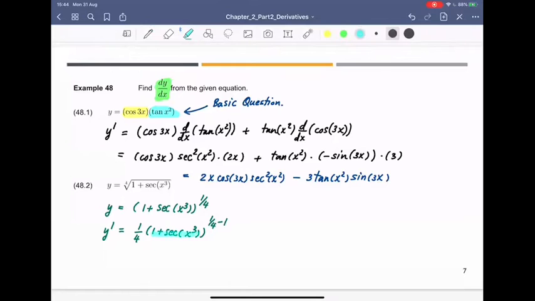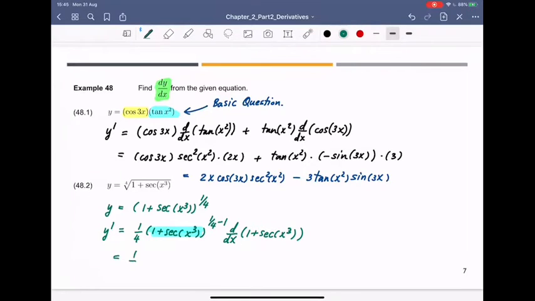And this is my inner function, and that is differentiate inner function. You see, I go slow all the time, and that will reduce your chance of getting a mistake.